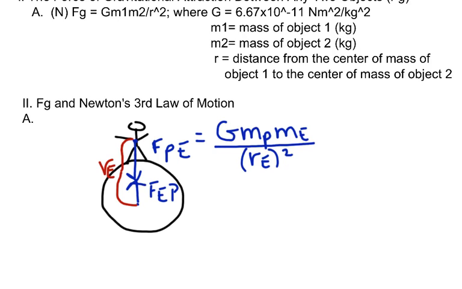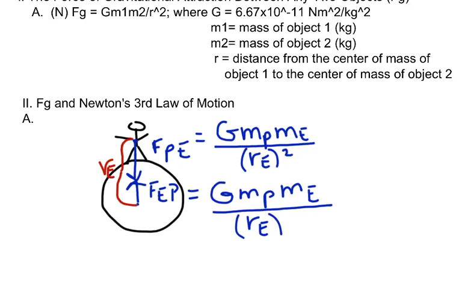Alright, now how would we calculate the force on the Earth because of the person? Well, using Newton's law of universal gravitation, we would use the universal gravitational constant, big G, multiplied by the mass of the person, multiplied by the mass of the Earth, divided by the distance between them, which would be the radius of the Earth squared.